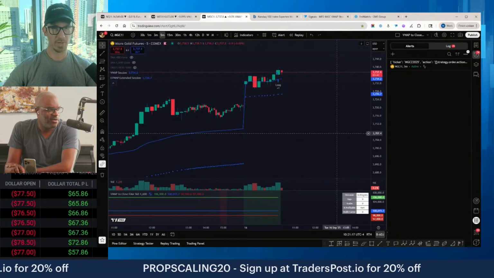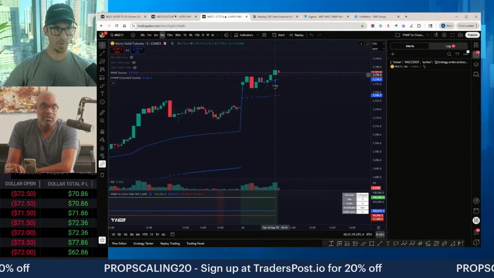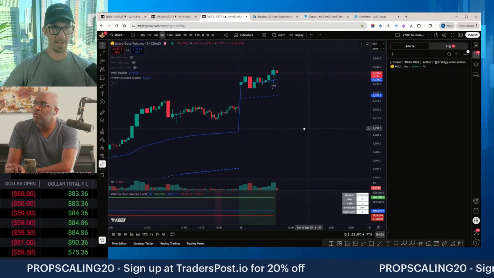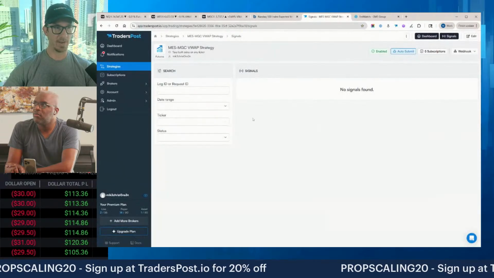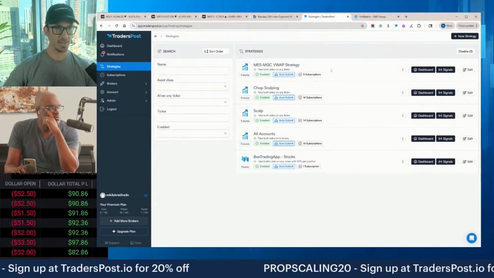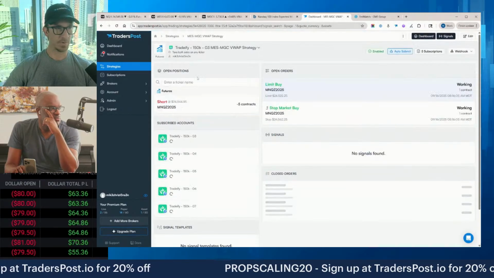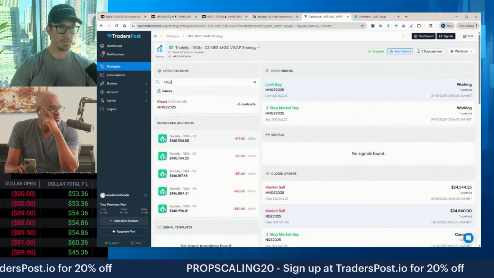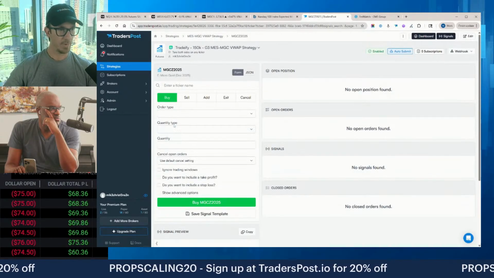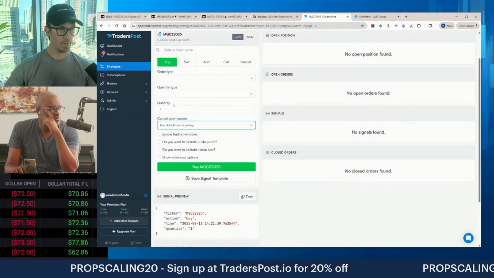Okay, so this should have gone long, and it would have on that previous candle for gold. So because of that, I'm going to go ahead and open a manual position for gold across this strategy. Let me just go to the dashboard. We'll put in MGCZ, and I'll put in a buy for 1.